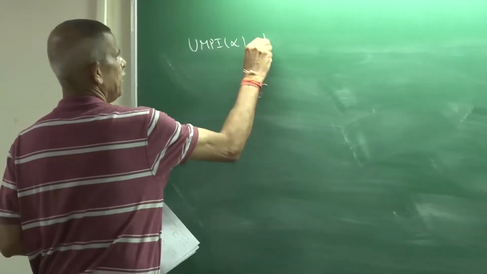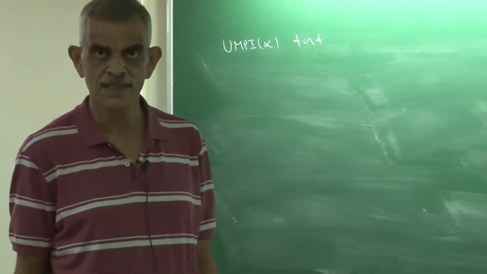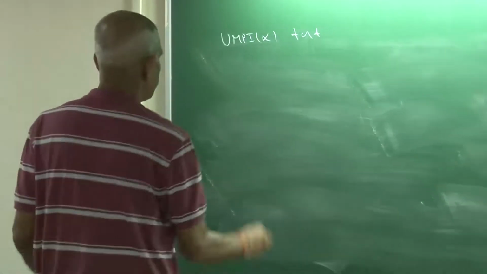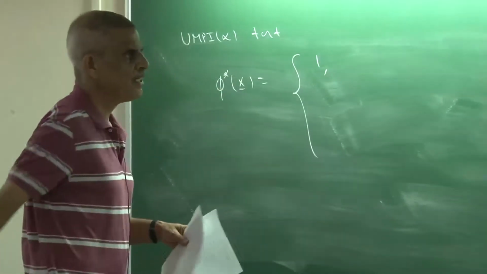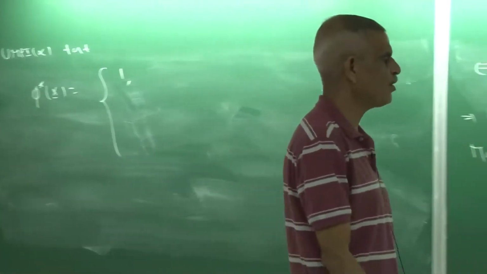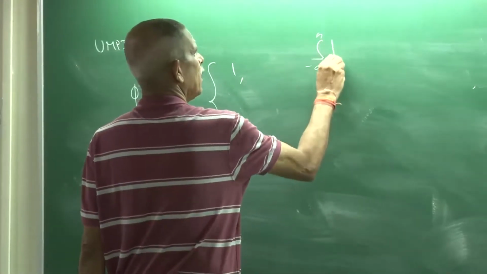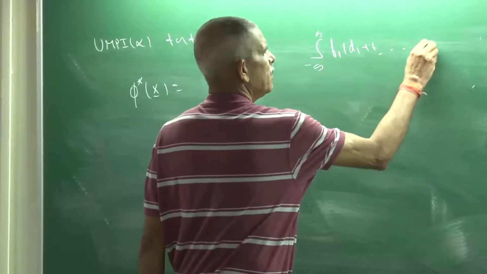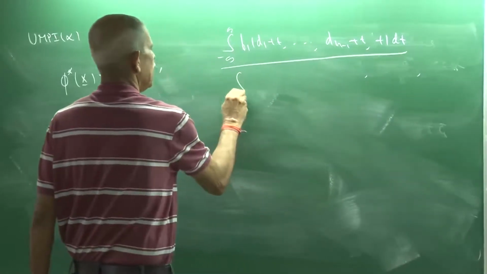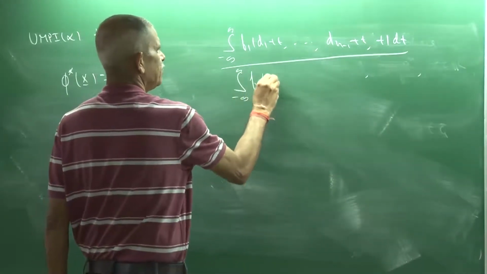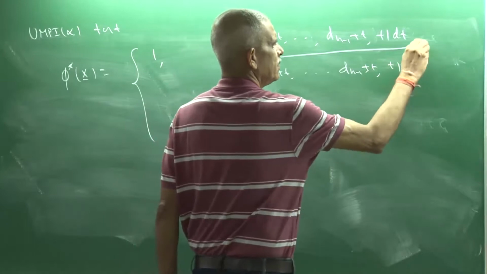Using the Neyman-Pearson lemma, because the Neyman-Pearson lemma gives you the most powerful test for testing H0 against H1 when H0 is simple and H1 is simple, as phi star of x, which is 1 if H1 upon H0 is greater than C. H1 upon H0 means the integral from minus infinity to infinity of F1 of d1 plus t, d(n-1) plus t, t dt, upon the integral from minus infinity to infinity of F0 of d1 plus t, d(n-1) plus t, t dt, is greater than C.